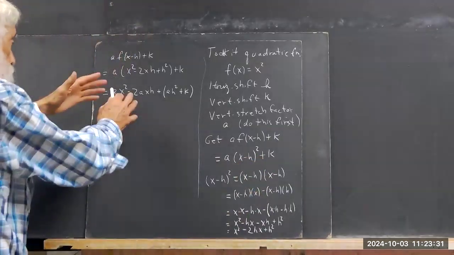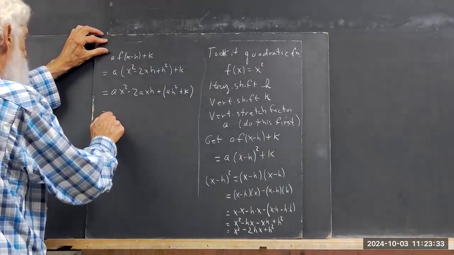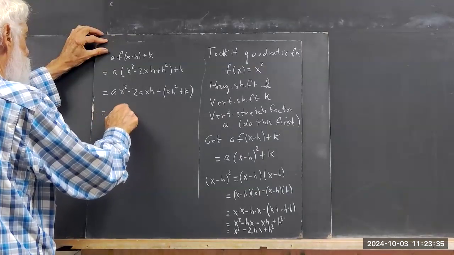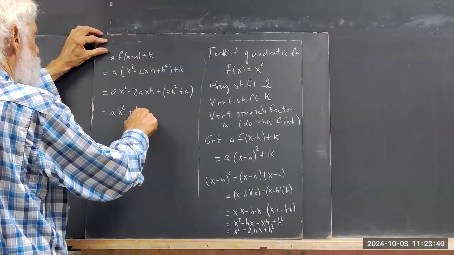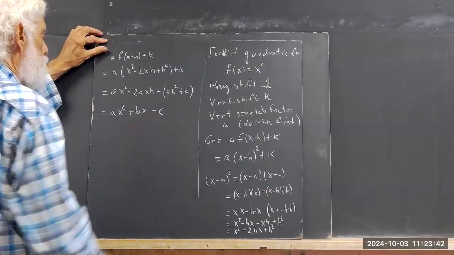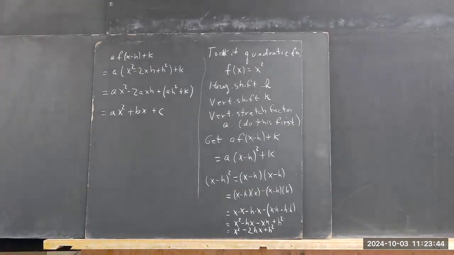Now, I'm going to say that this equals ax squared plus bx plus c. And that should be a familiar form, the standard form or the general form of the quadratic expression.